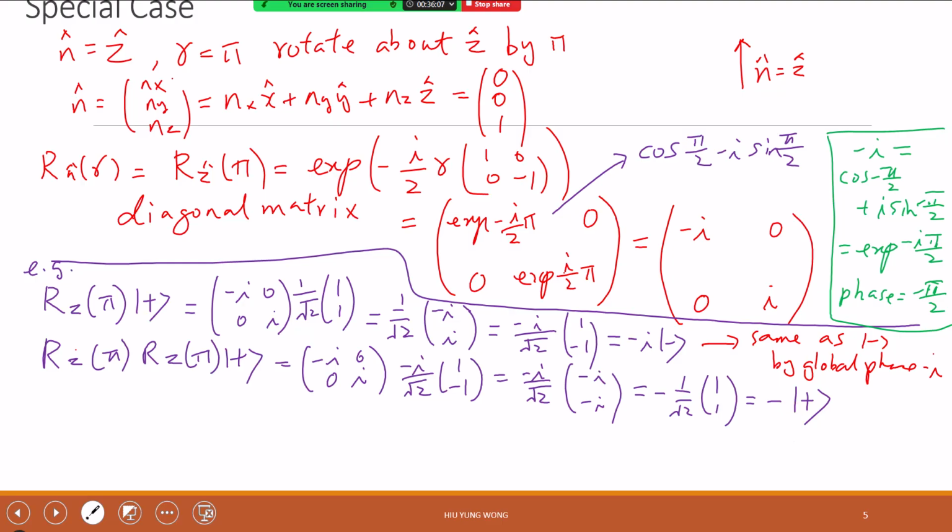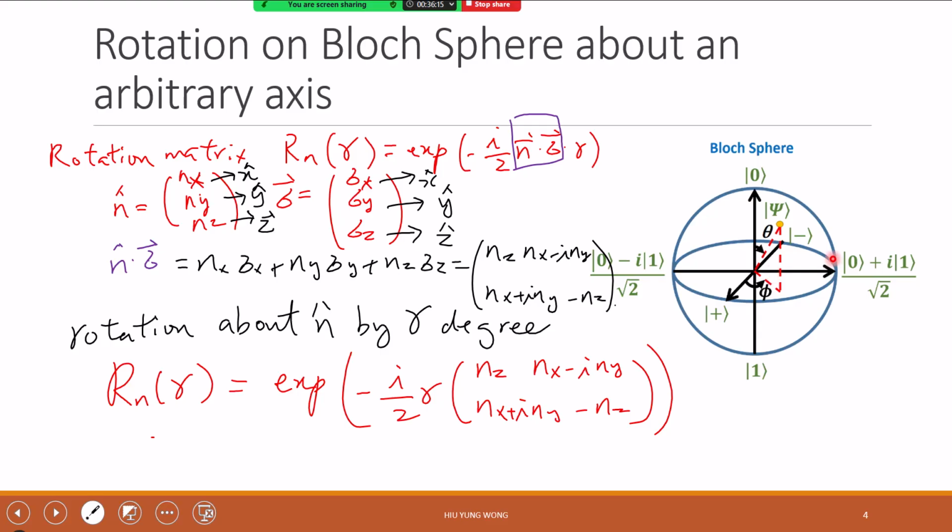Now, you should not feel this is a big problem, because after all, this is just the state embedded in the real 3D space. In our real 3D space, if I rotate by 360 degrees, I should go back to my original state.